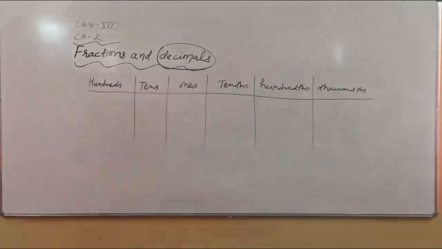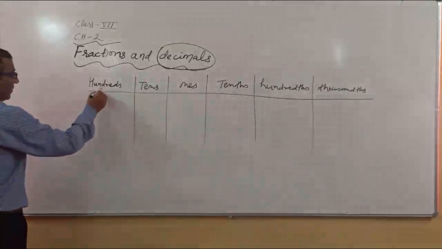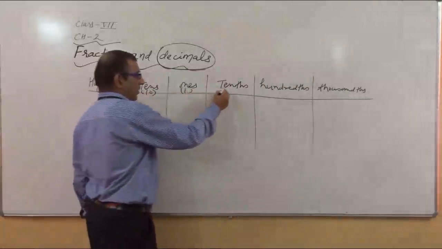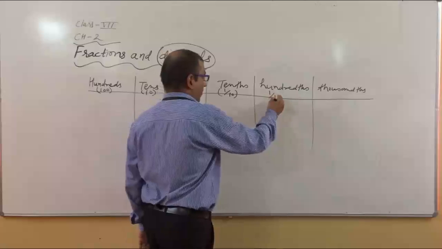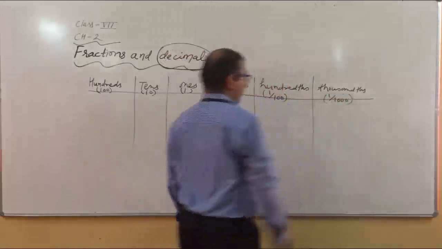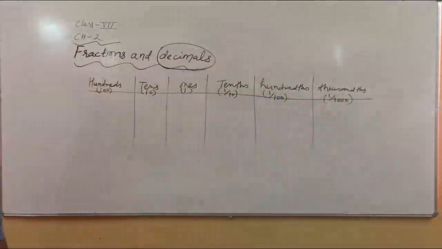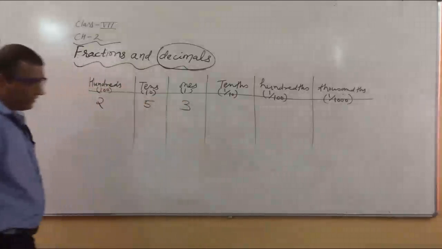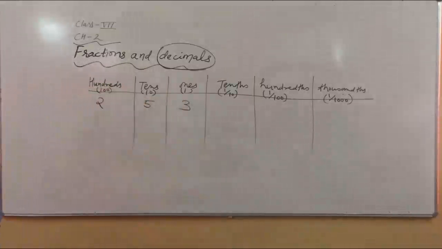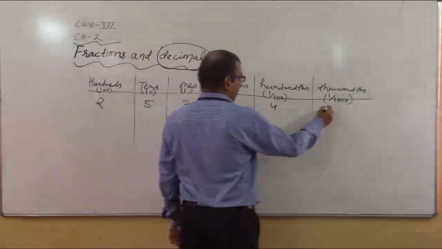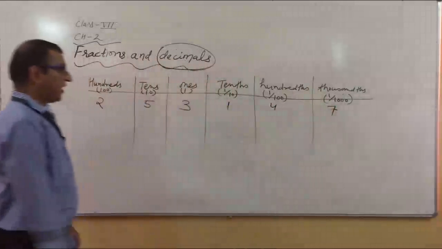So if I write 100, 10, 1, 1 upon 10, 1 upon 100, 1 upon 1000. Okay. So I am taking some digits: 2, 5, 3, and then 1, 4, 7. How can you write such a number?